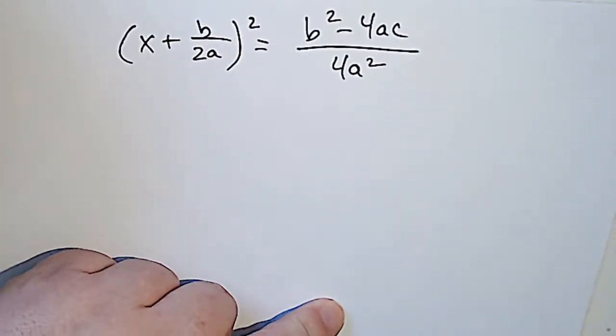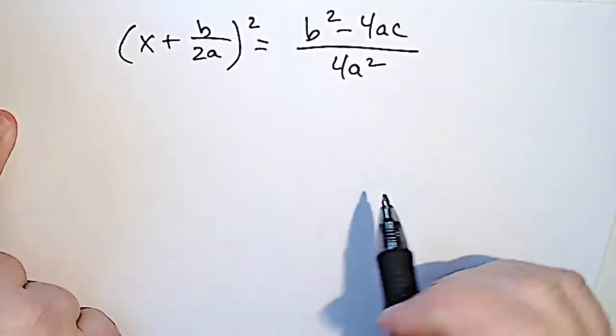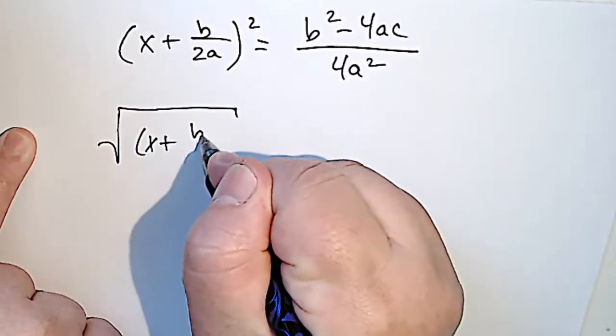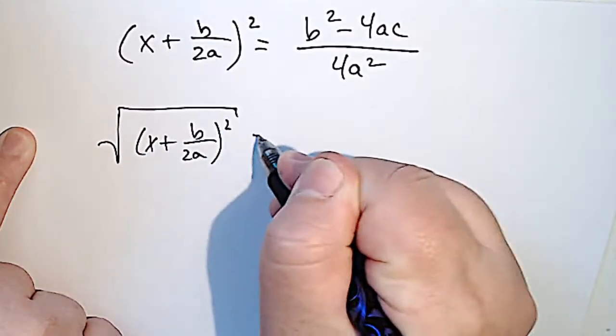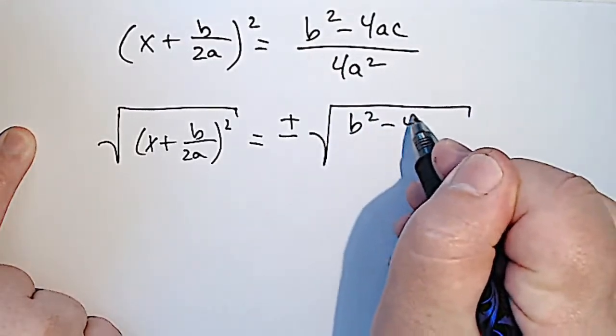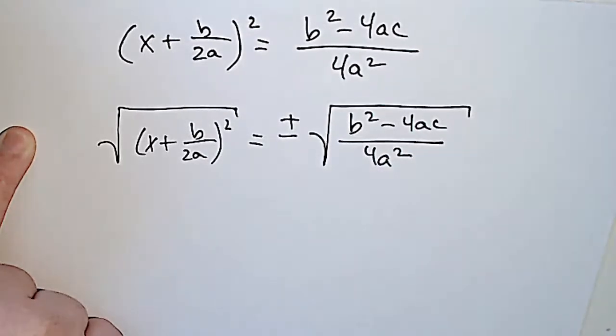Okay. Remember, at this stage, I've got a perfect square over here, so I'm going to square root both sides. I'm going to make sure to write the plus or minus. Okay, so far so good.